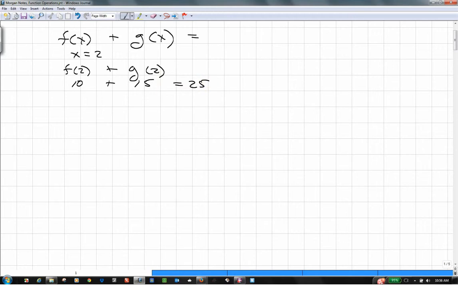For addition, subtraction, multiplication, and division, we could combine the functions together first before we ever substitute the 2 in, and we could create a new function.